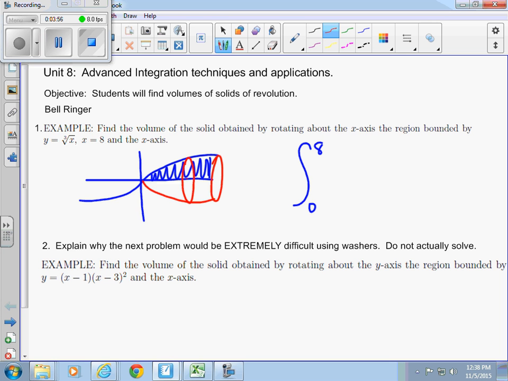The radius of that disk is the cube root of x. So it's the cube root of x squared. Pi r squared. Remember, the volume of a disk is pi r squared. So you're multiplying pi times the radius squared, from 0 to 8. Any questions about that?